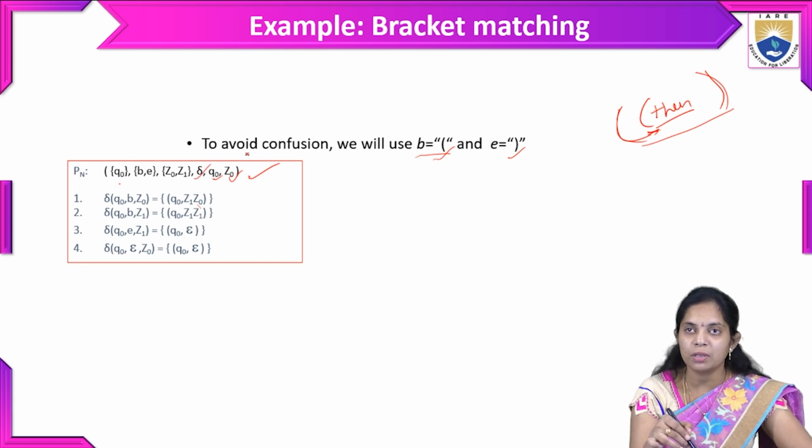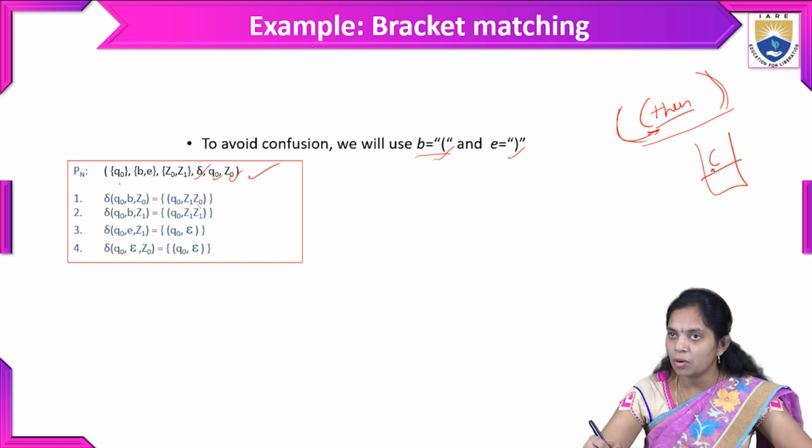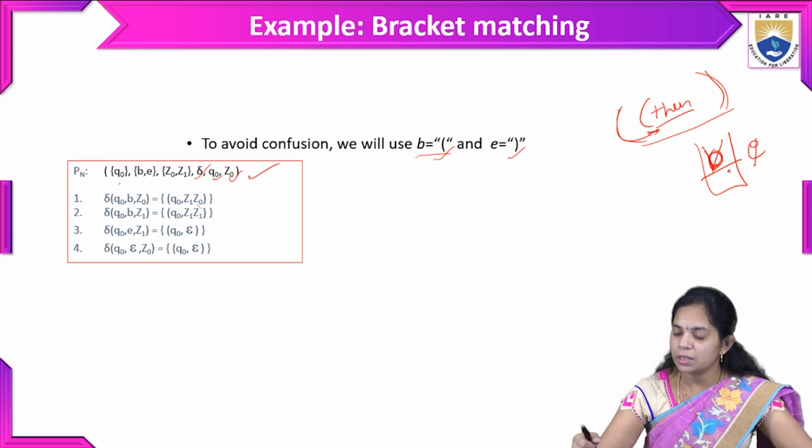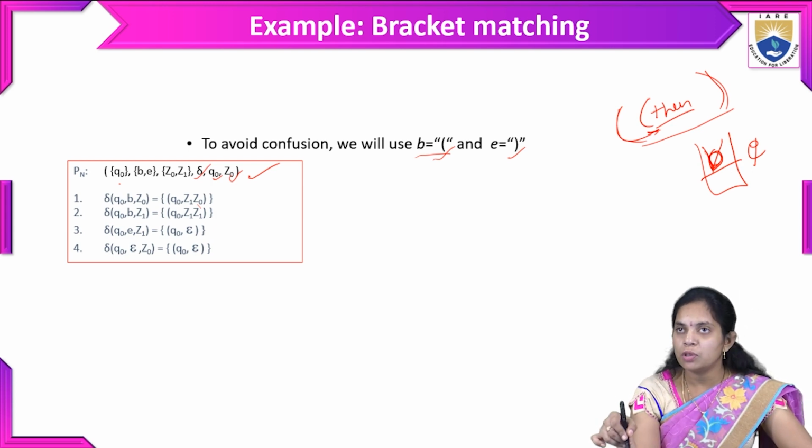And what are the transition functions? Whenever the input string has E, we have to pop the top of the stack symbol, which is B. This is what we have to construct in the pushdown automata.